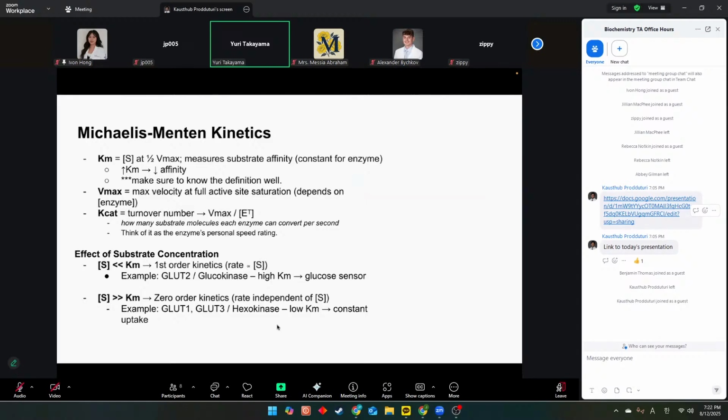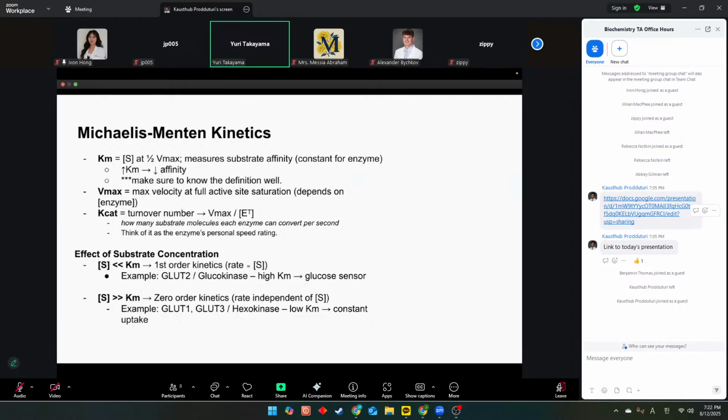And substrate concentration can affect this kinetics, right? How? When the substrate is much lower than Km, the reaction is first order kinetics. It speeds up proportionally with the substrate concentration. A great example for this is GLUT2.